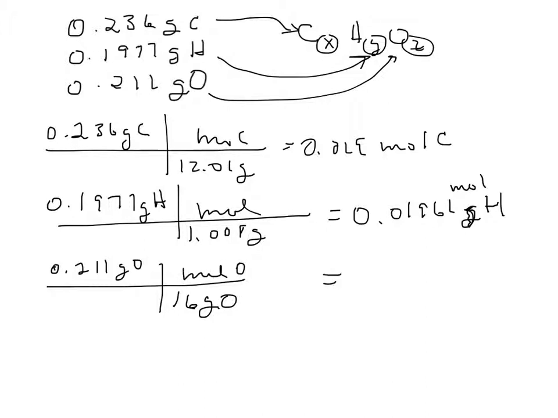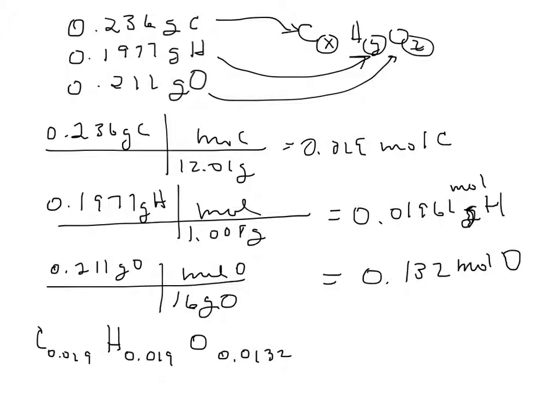Doing a similar thing for oxygen, we have 0.0132 moles of oxygen. So, we can write our formula then: C 0.019, H 0.019, O 0.0132.